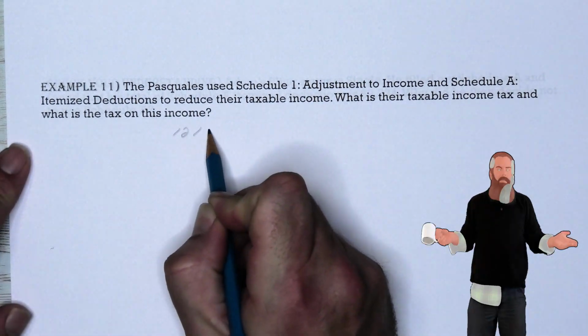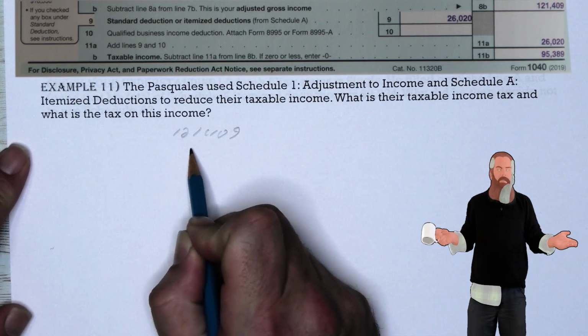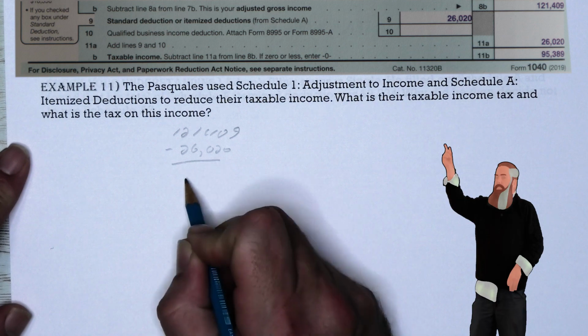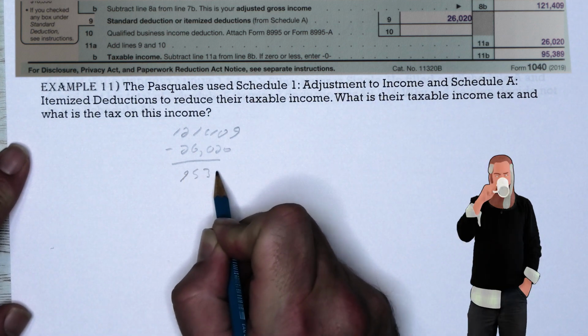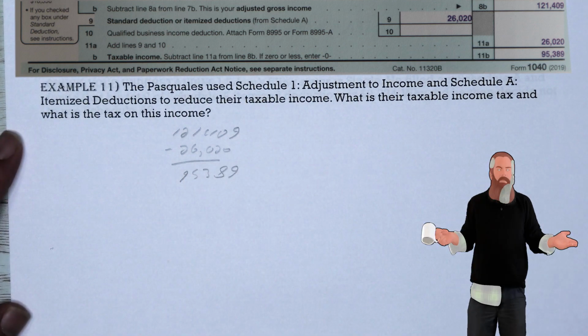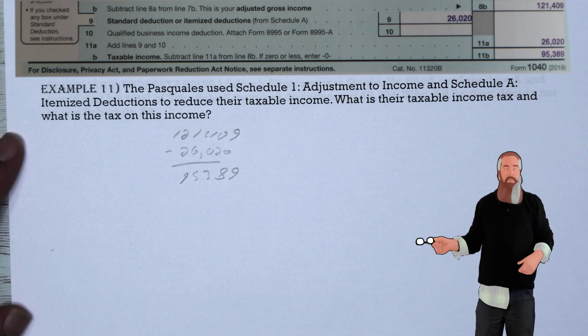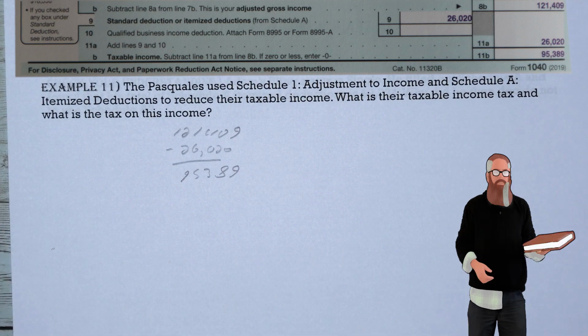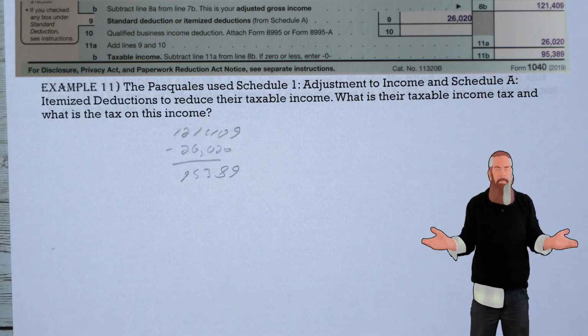So $121,409 minus $26,020 gives $95,389. This is their taxable income, and it is entered into line 11B of the Form 1040. The taxable income is the amount that is used when they look it up in a tax table.